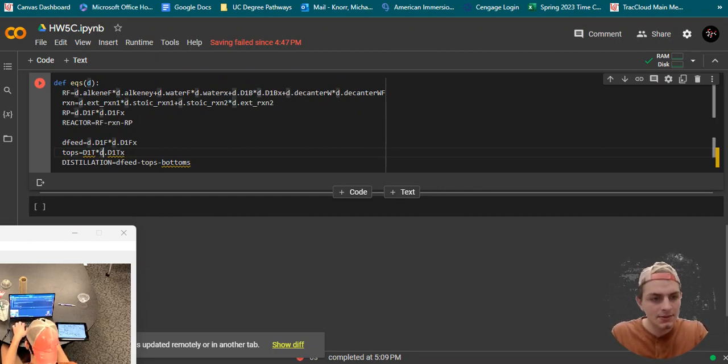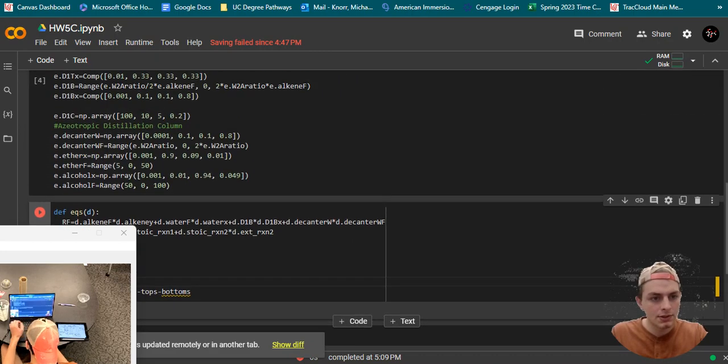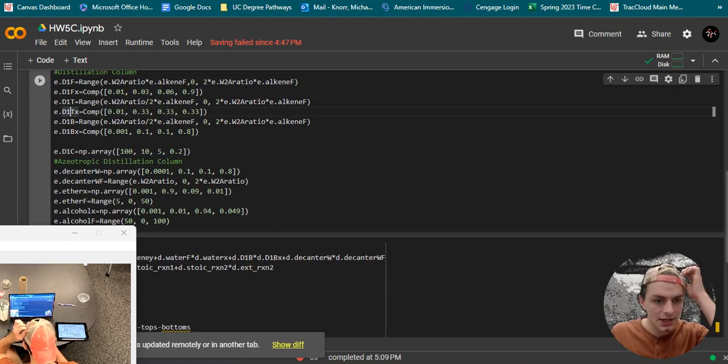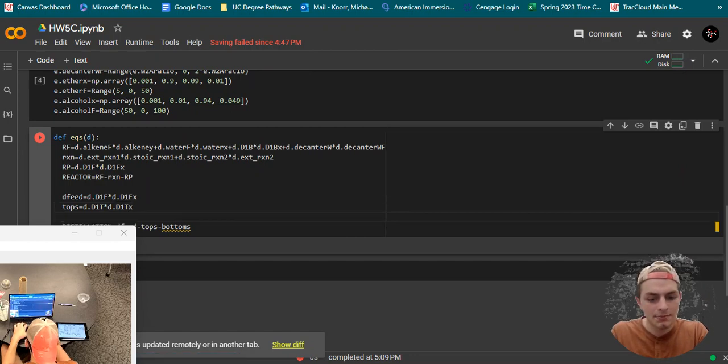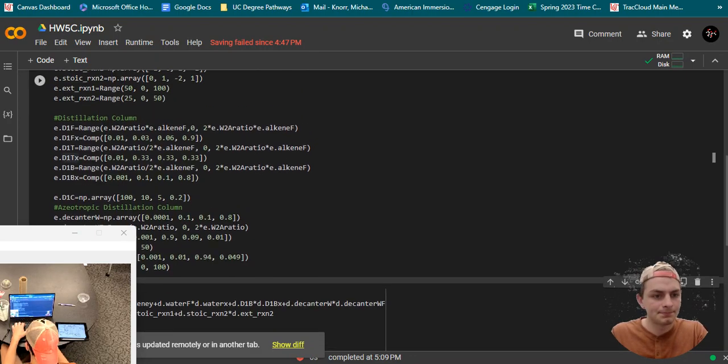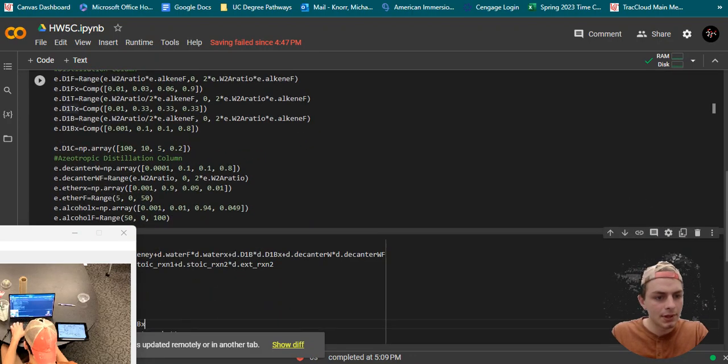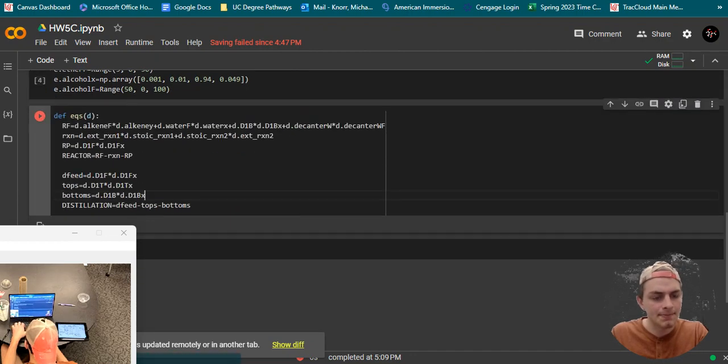So D dot those, D1T, D1TX. Awesome. And then bottoms is going to be equal to D dot D1B multiplied by D dot D1BX. And yes, that's the bottoms there.